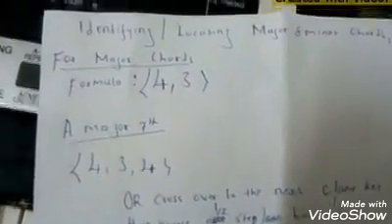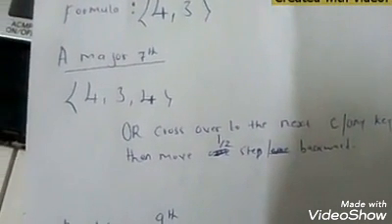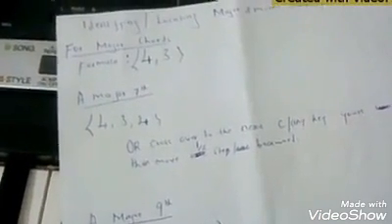So just to recap on what we did today: a major is 4, 3, a major 7 is 4, 3, 4, or you can cross over to the other key. For example, if you are using C3, you can cross over to the next C4 and then move backward half a step. Don't forget for the major.